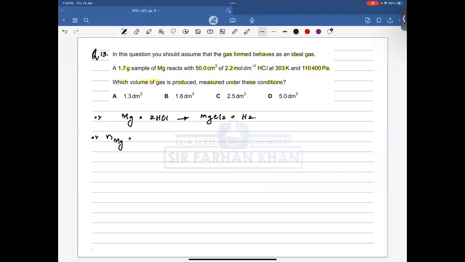It's basically 1.7 divided by the Ar of magnesium, and the Ar of magnesium is 24.3. So moles of magnesium is going to be 0.06996 moles. Okay. Let's talk about the moles of HCl.